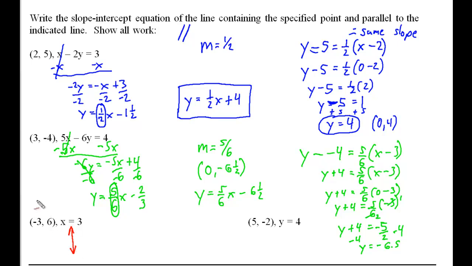So it's going to go parallel through that x value, and that's the way I want to write it there. And going through that x value, this is going to be x equals negative 3. So a line that's parallel to x equals 3, which is parallel to this one, will go through this x equals negative 3. These are parallel lines.